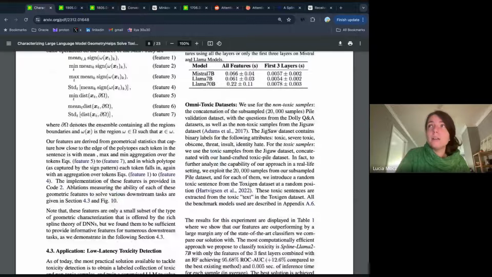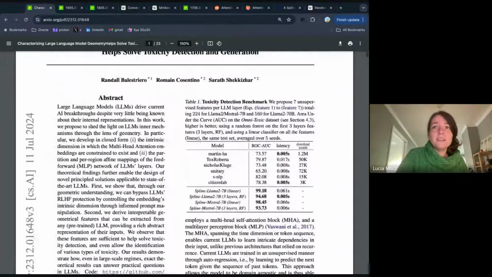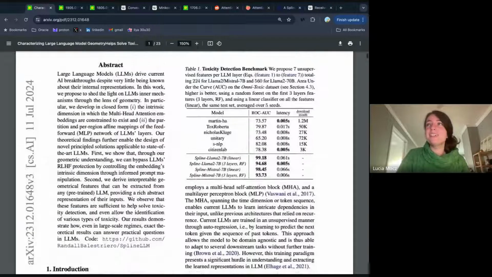All right, in the interest of time, we are at the hour mark, so I'm just going to show that they claim a very, very high ability to predict whether something is going to be toxic or not toxic, matching human labels.